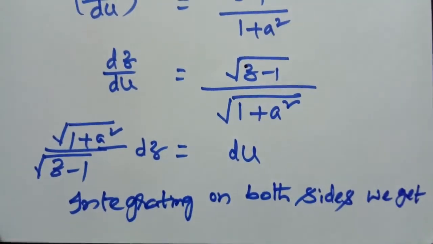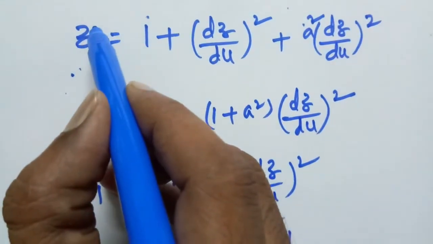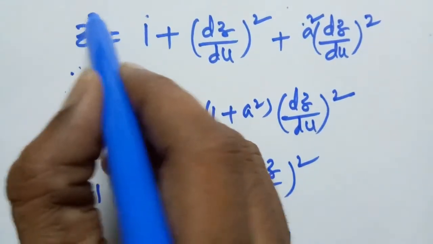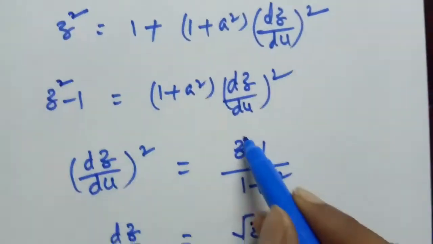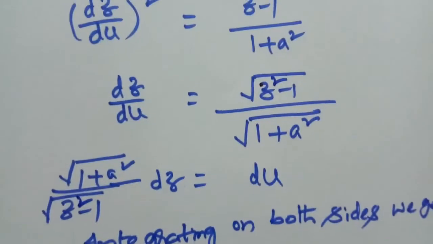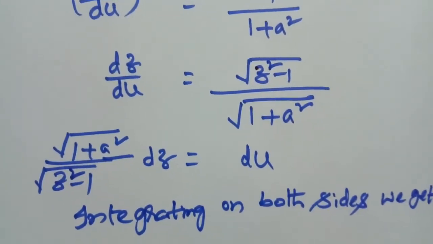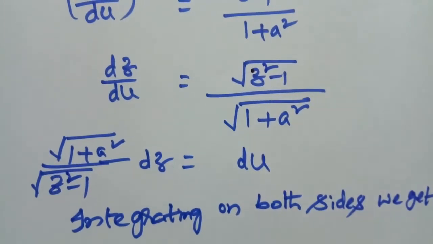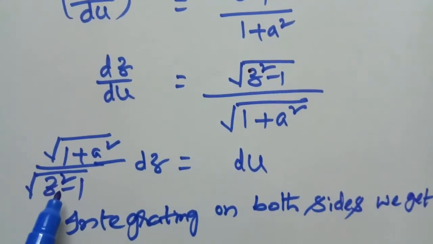we observe that the left hand side given in the problem has z square, so this is z square minus 1, as z square is in the left hand side of equation 1. So here we forgot to write the square.